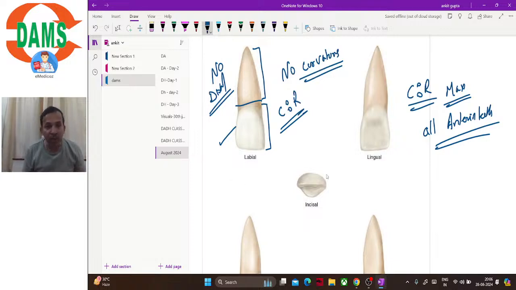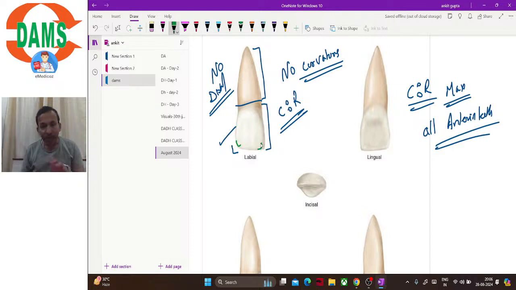And also now let's go to the crown anatomy. As you can see, the crown, the distoincisal and the mesioincisal angles, they are very sharp. And amongst the maxillary incisors, the central incisor has sharper incisal angles as compared to the lateral.